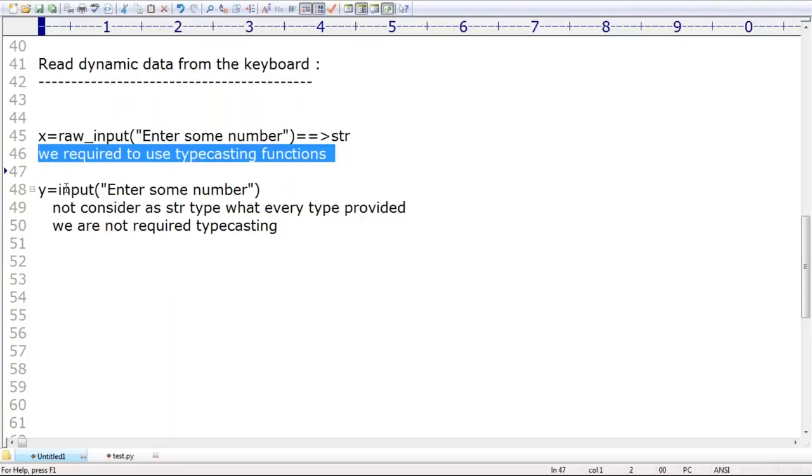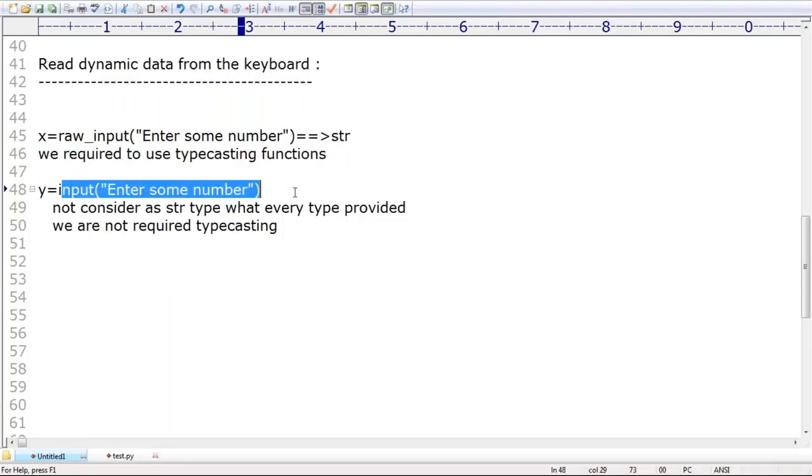But in the case of input, it's not str type. Whatever type you provided, if you provide int type, it is treated as int only. If you provide str type, it is treated as str type. We are not required to perform typecasting.